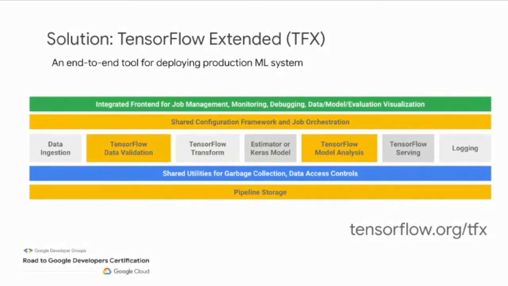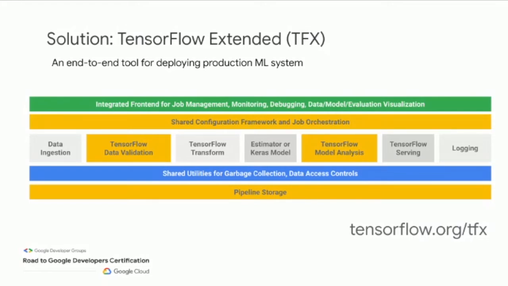And then we have different pipeline components. We have the data ingestion, which is how we are going to feed the model with the data, and when I say data, it is all of the data that we use: the training data, the test data, and so on. Then we have TensorFlow Data Validation, which we're going to talk about.